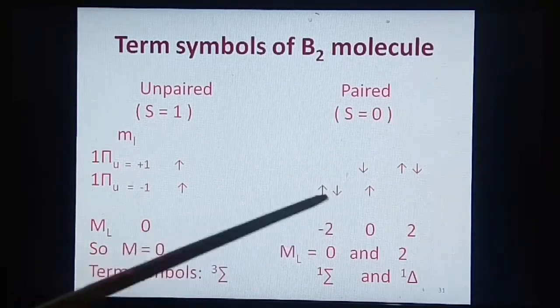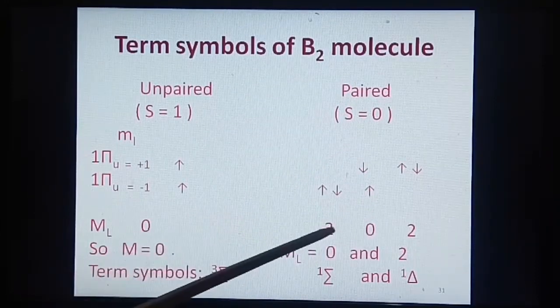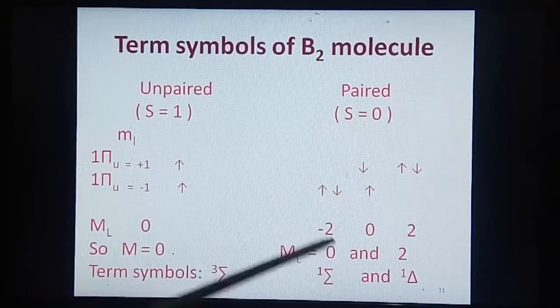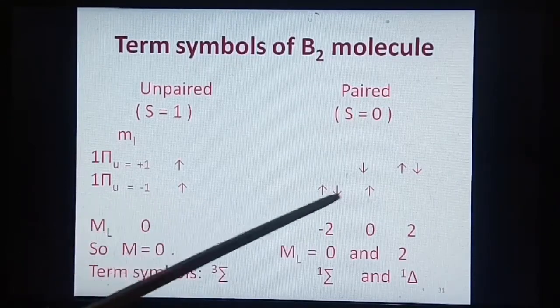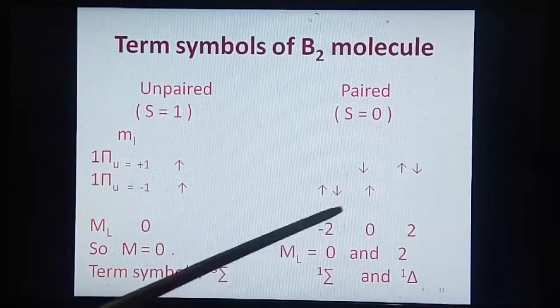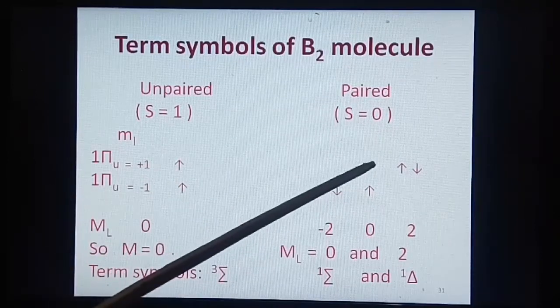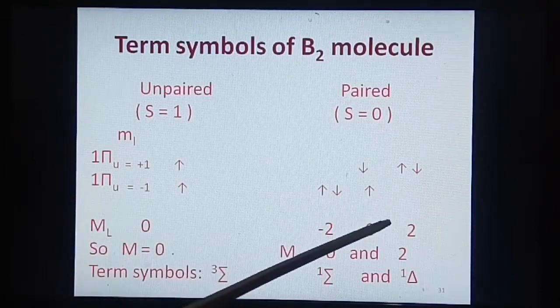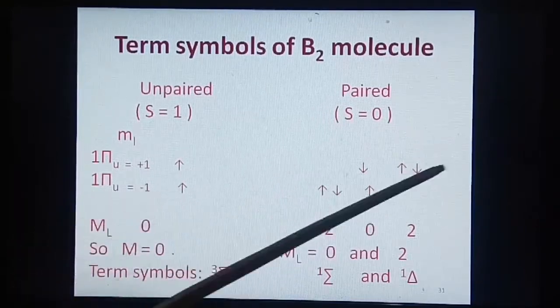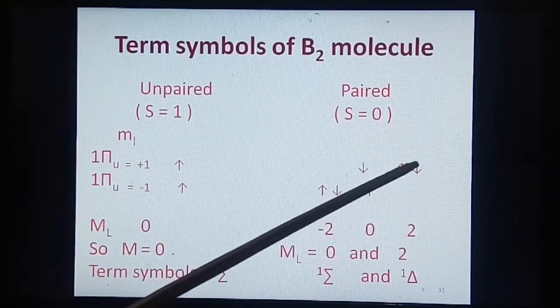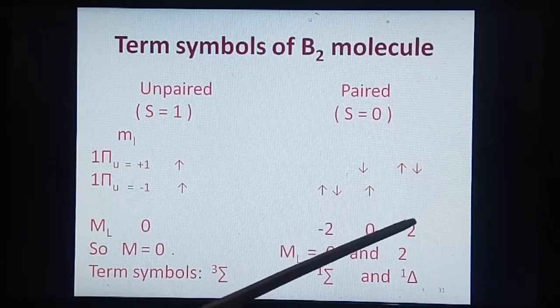Here ML will be minus 2, because it is minus 1 for each of the 2 electrons. Here it will be plus 1, minus 1, so ML will be 0, and here both the electrons are in this orbital, so ML will be 2.